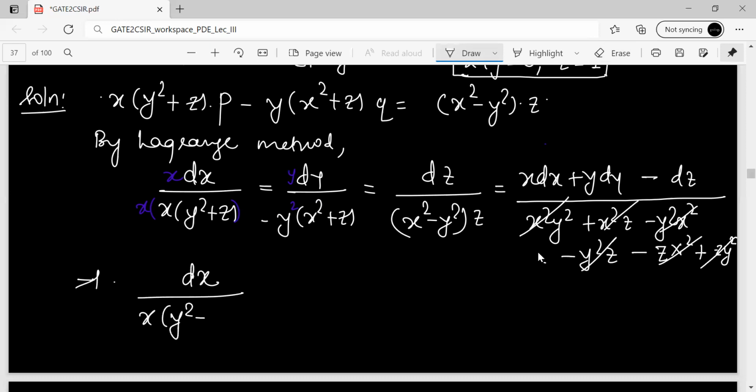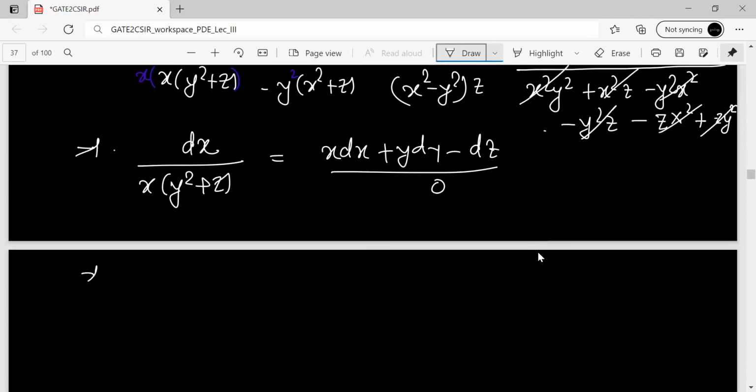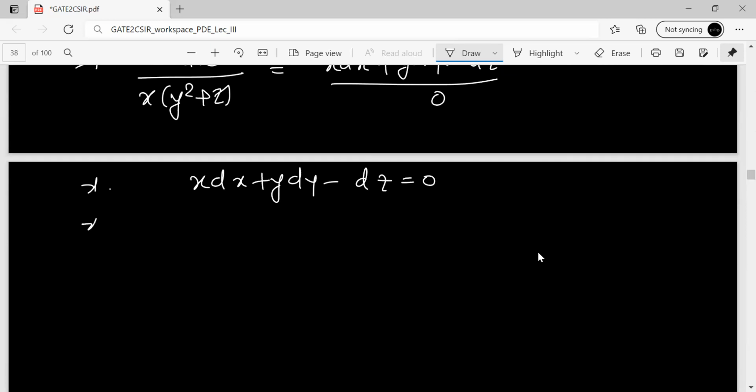So x times y square plus z equals x dx plus y dy minus dz upon this entire quantity is 0. So now I'll be getting this numerator, x dx plus y dy minus dz equal to 0. And now I'll simply integrate.